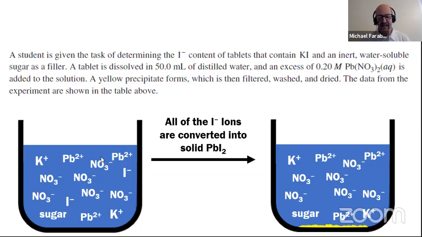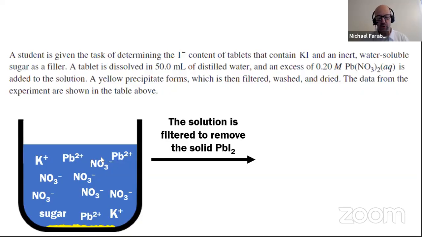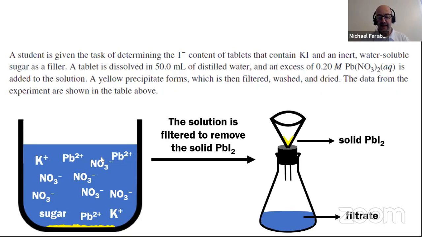So the question was asking essentially about the filtrate. If we take this solution and pass it through a filter, then we can collect the solid lead iodide in the funnel and the filter paper, but we have filtrate, which is what passes through. That's all the soluble ions. As you can imagine, potassium ions and nitrate ions are not going to have the same concentration.